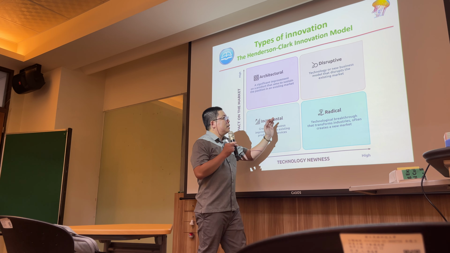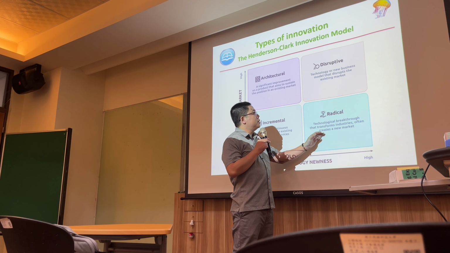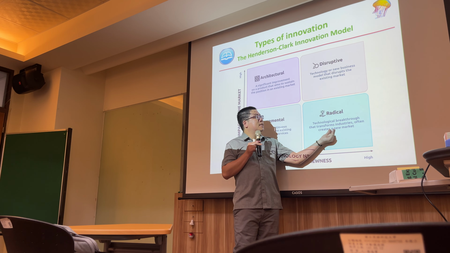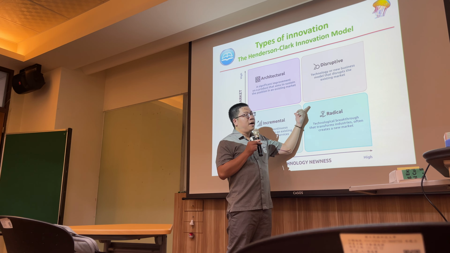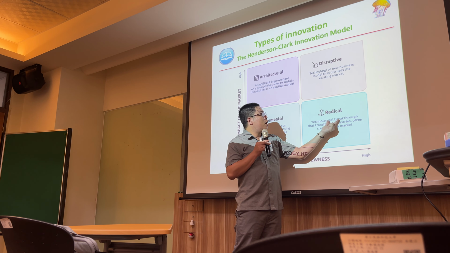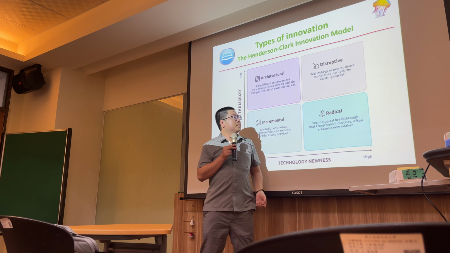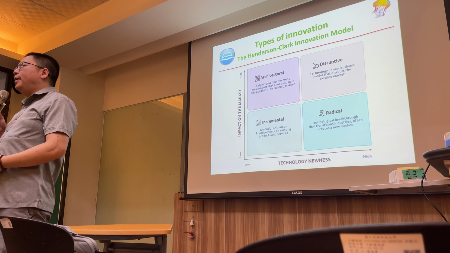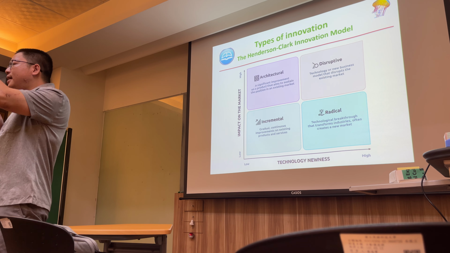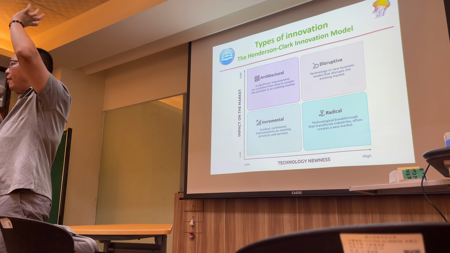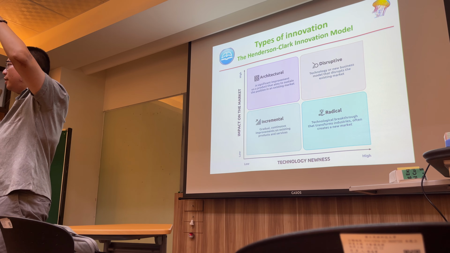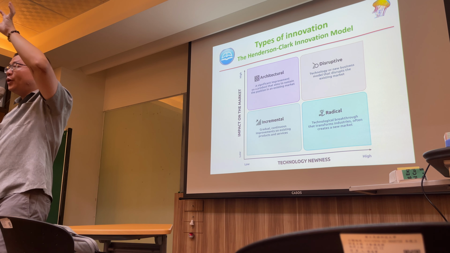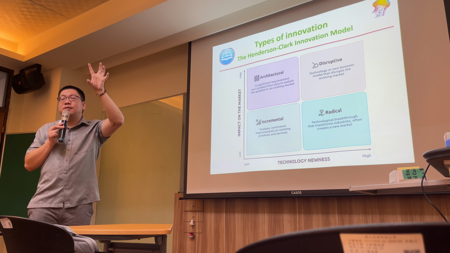The second one, radical innovation. You serve new markets, and a technological breakthrough has transformed the industry. The level of novelty of technology is high, so we call it radical innovation.